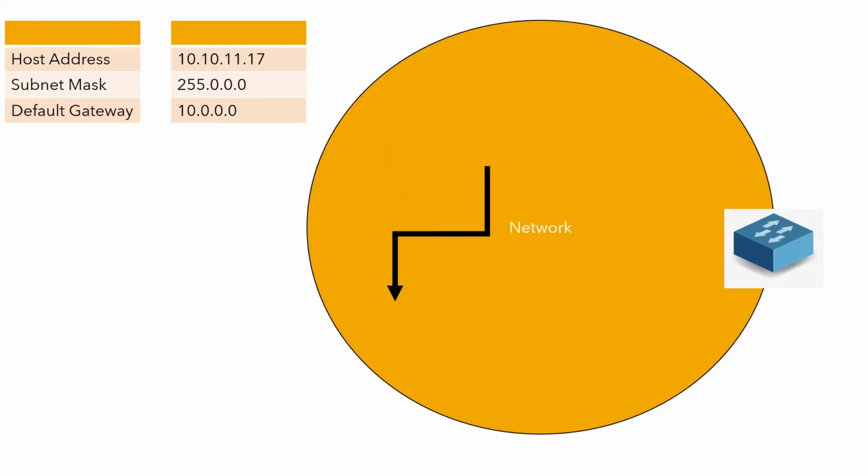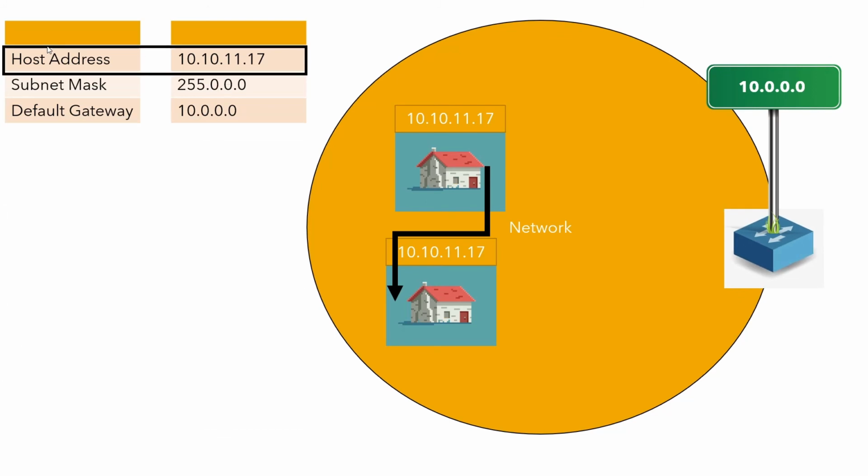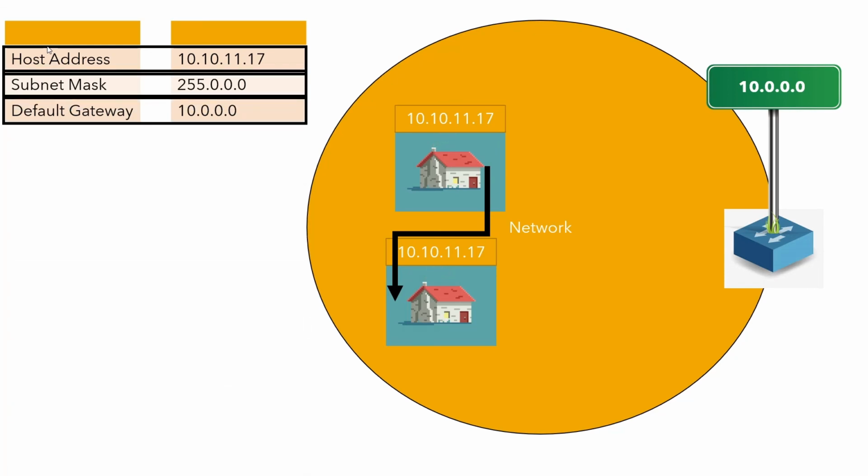Now to sum all this up, I want you to think of this a little chunk at a time here. In order for a host device to be able to communicate on a network, it must have a host address. It also needs a subnet mask and a default gateway, which all share a single network address.